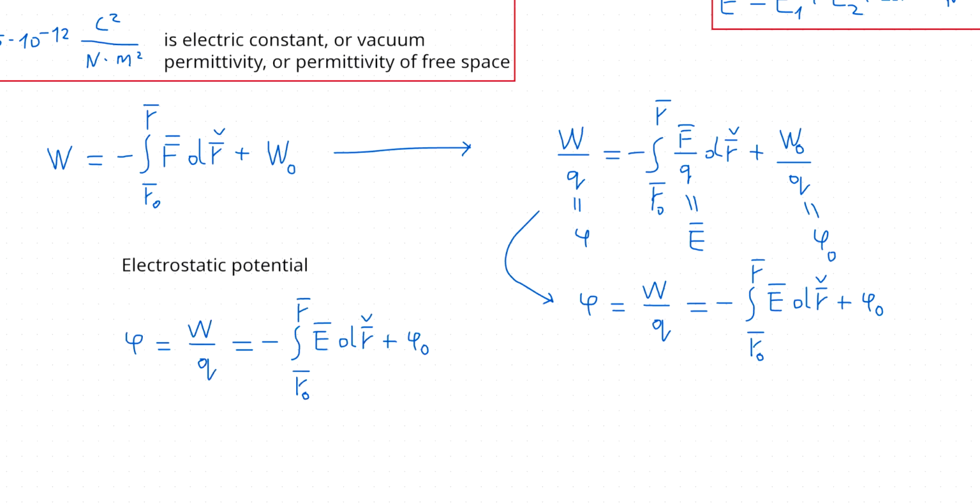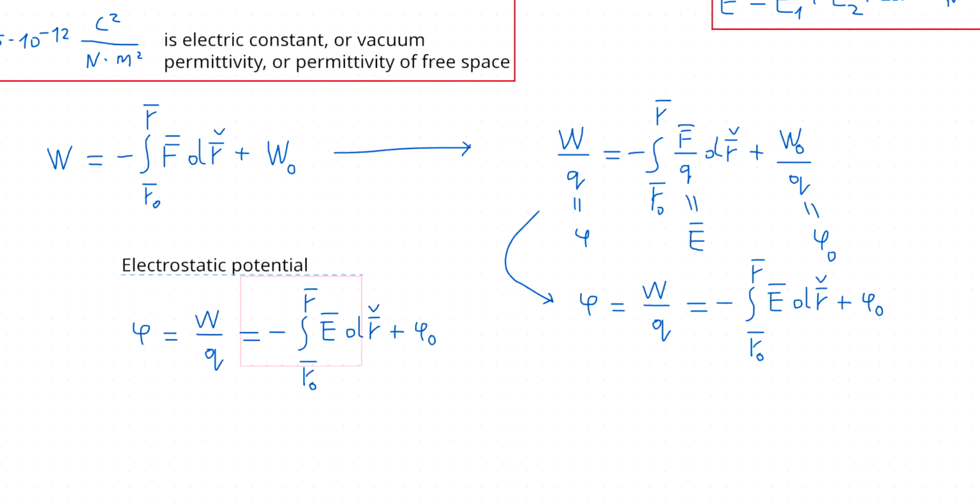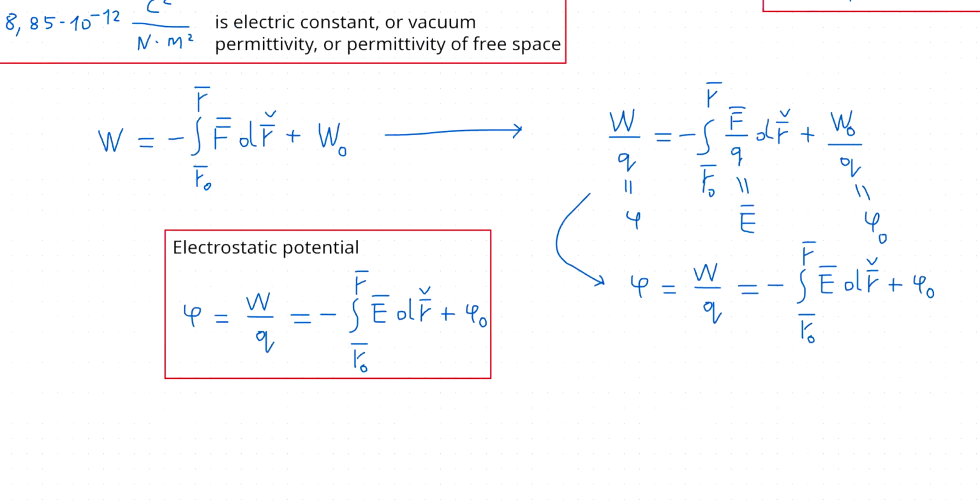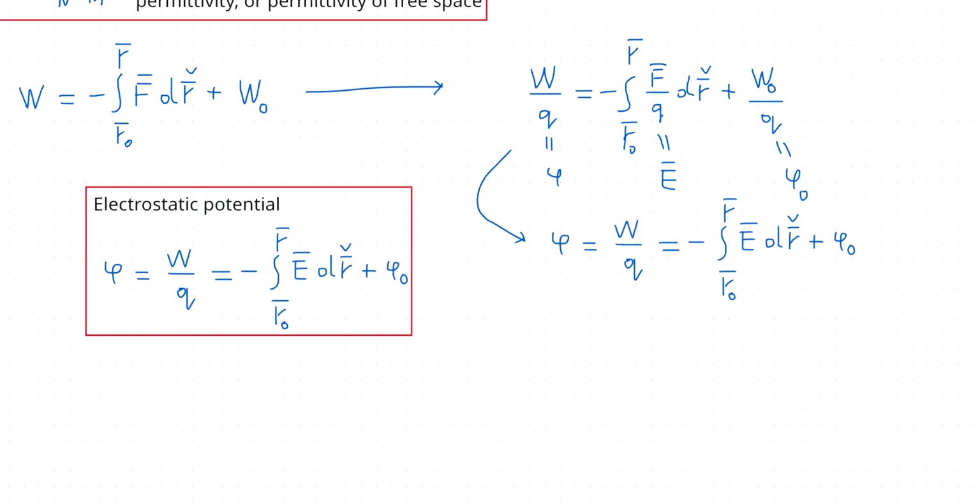Electrostatic potential can be defined by this formula, and this is the connection of electrostatic potential and electrostatic field intensity, and of course, potential energy of charge q in electrostatic field.